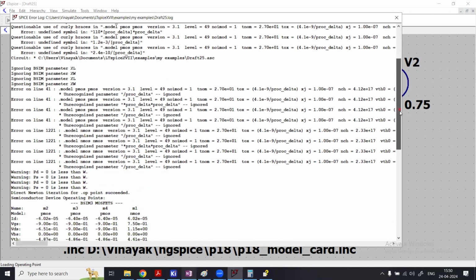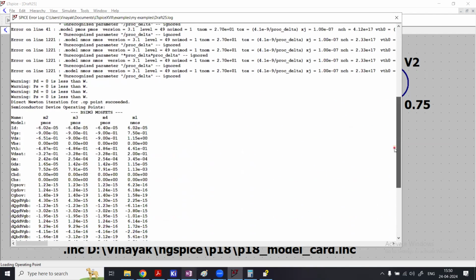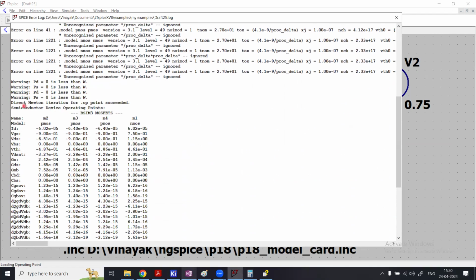We'll see whether it gave us the result. But it says now that direct Newton iteration for .op point succeeded. So just make sure that the model file you use is correct, authentic and free from errors. Then you will not have the errors that is shown up here.